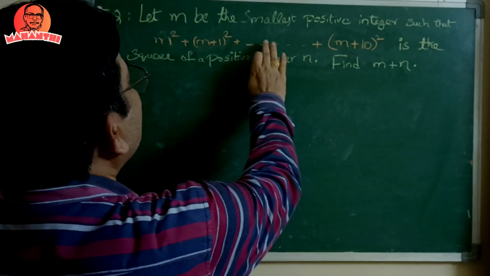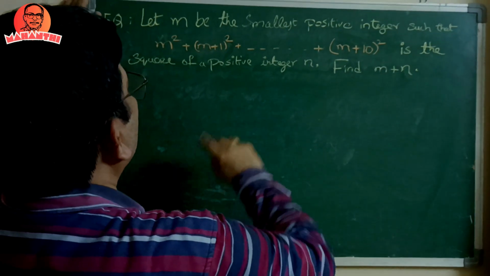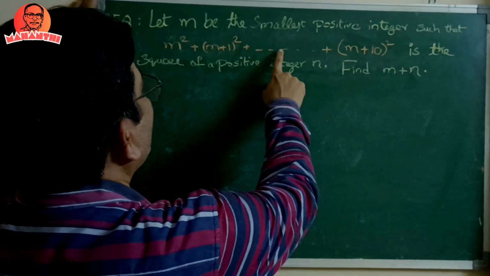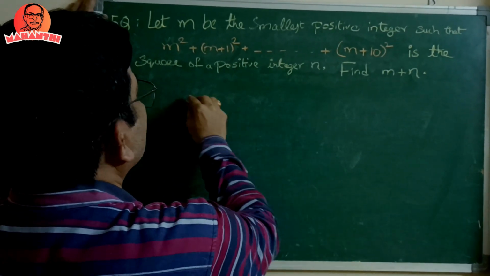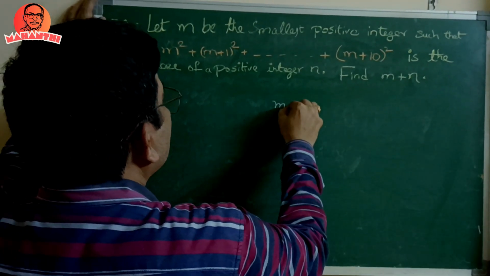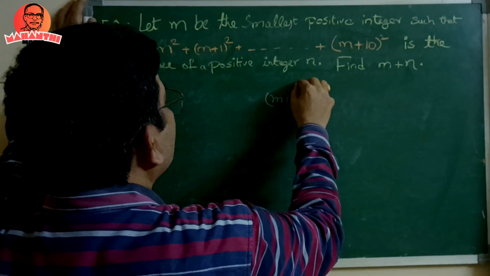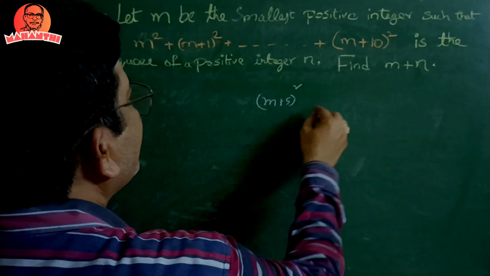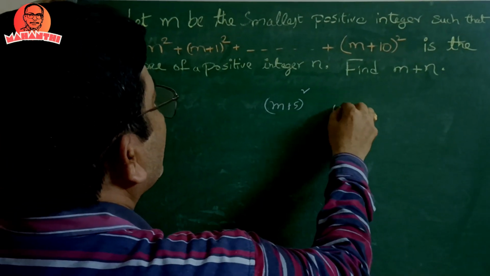Can you tell what is the middle term of this one? (m+5)². Yes, (m+5)² is the middle one. What I want to do, I will take t equal to m plus 5.